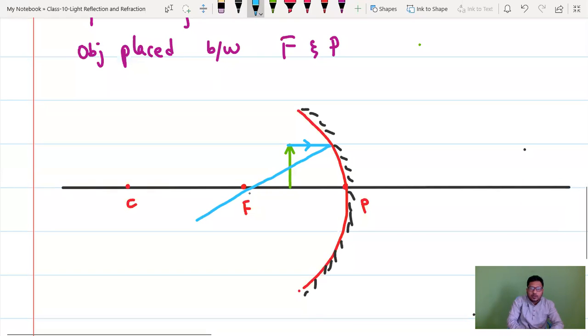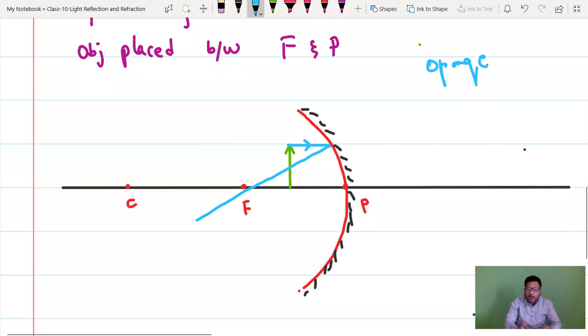Should pass through focus. You see here, when light ray is touching the mirror and it is passing like this, it is touching the object and passing through the object. If the object is opaque, consider you are standing in front of mirror. Will light pass through you?